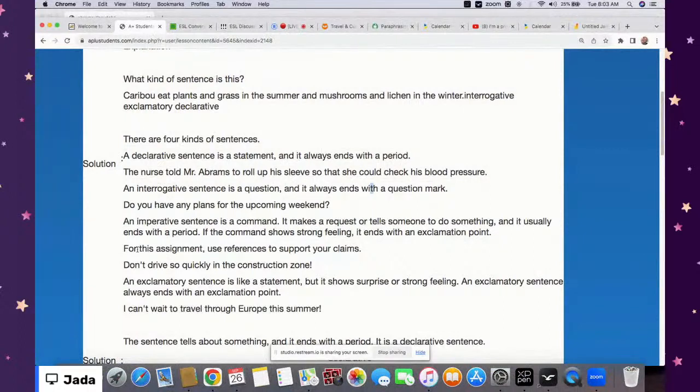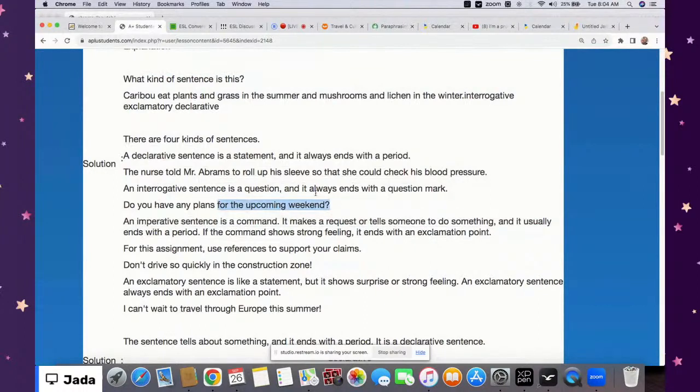Where do you go to school? What's your name? Are you happy? All these are interrogative. Do you have any plans for the upcoming weekend? That's an interrogative sentence because you're asking what plans we have for the upcoming weekend, right?